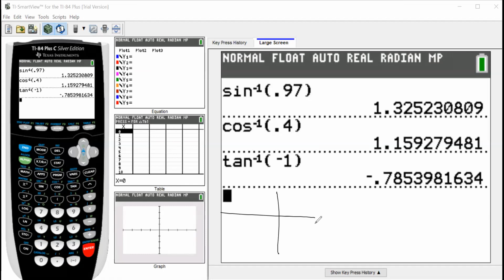If we think about what we input into the inverse tangent function, well, we know it was negative, and we know the ratio for tangent is going to be negative in both the second and the fourth quadrant. And the reason we know that is because tangent is sine over cosine. And if the tangent comes out to be negative, that means the sine and the cosine have different signs. So we know that we have to be working in one of those two.